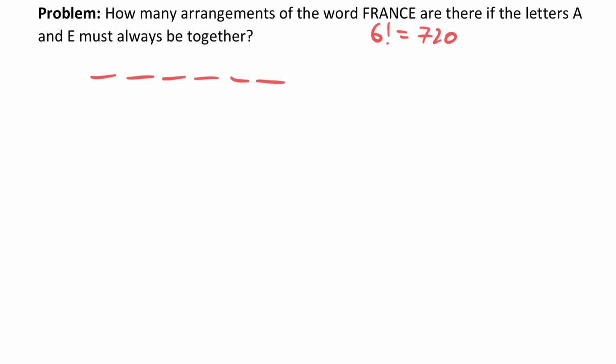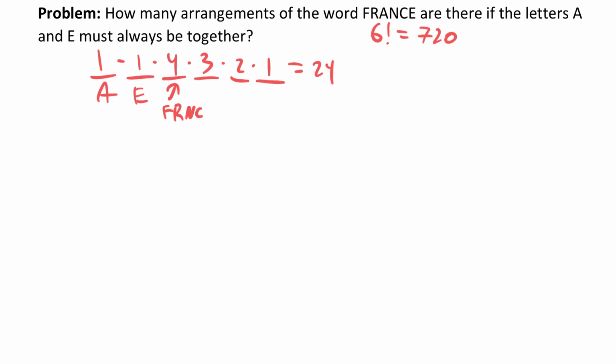And we could start with the A and E like this, so the A is first and the E is second. Well, that would give you 1 A, 1 E, and then 4 letters, 3 letters, 2, 1. This one starts off with F, R, N, or C. So that would be the case where it starts off with A and E. That's going to give you 24.